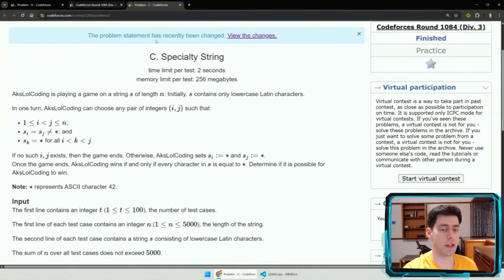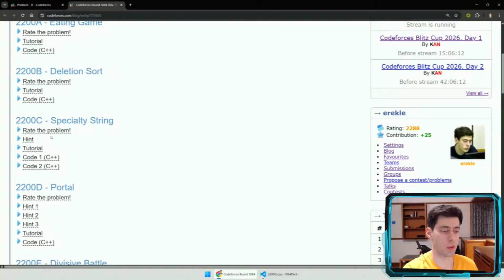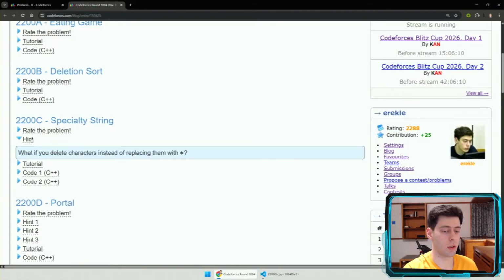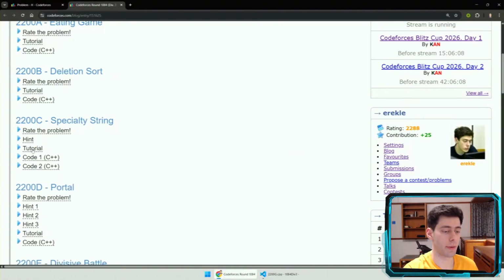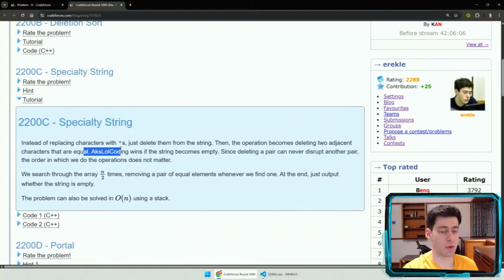So yeah, the observation for this was that greedy works. What if you delete characters instead of replacing them? Instead of replacing characters with stars, just delete from the string. Then the operation becomes deleting 2 adjacent characters that are equal. Yes, it does. Wait.